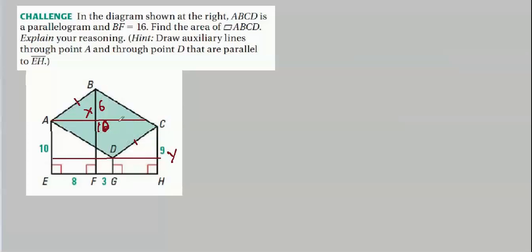Well, we have two parallel lines and then two parallel transversals cutting those lines. That means that corresponding angles have to be congruent. In other words, if we call this alpha here, then this would have to be alpha also. This line is parallel to this line. This line is parallel to this line. So they form exactly the same angle right here.